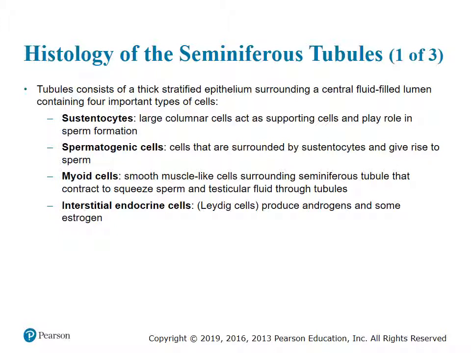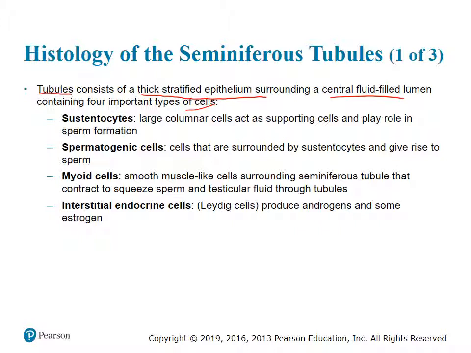Okay, so let's talk about this. Seminiferous tubules have a thick stratified epithelium. They've got a central fluid lumen, and around that lumen, the cells that surround it are the ones that actually, some of them make the sperm and undergo meiosis, and some of them facilitate that.